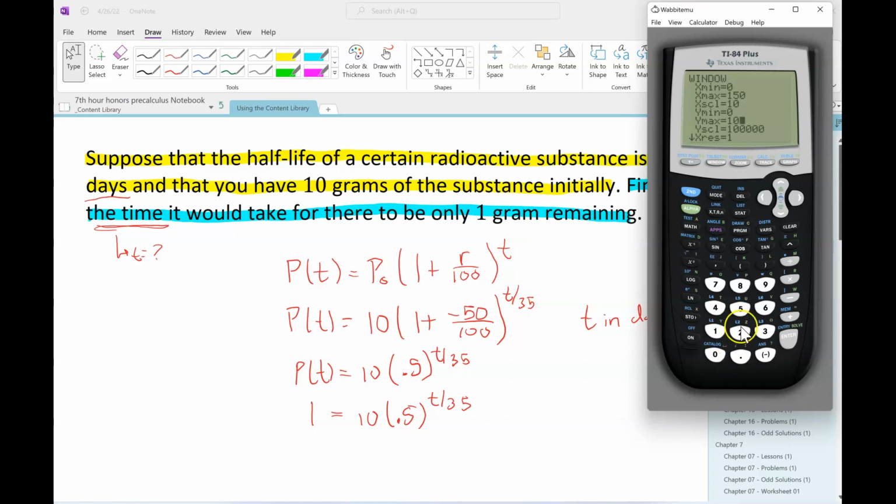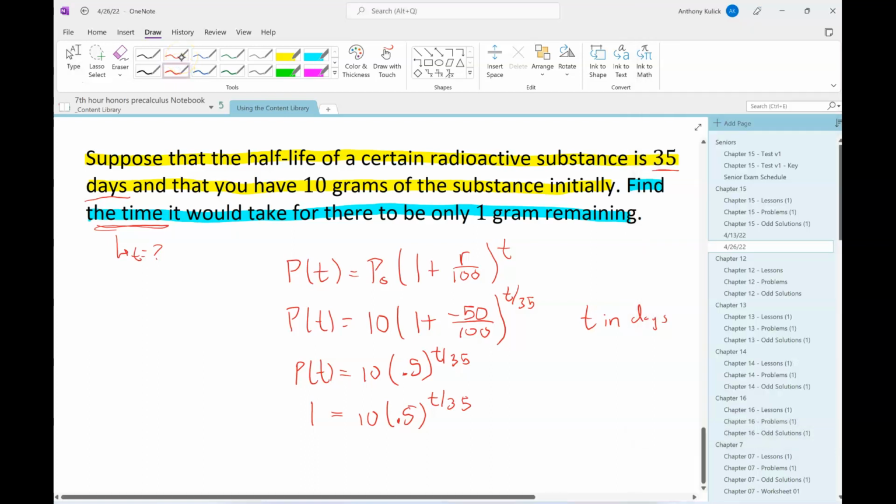Everybody's cool with that? And then we'll go up by 1s. So hit graph, here's my 1 gram line, here's my decay function. There's the intersection I'm looking for, right around a little bit after 100. Second trace, intersect command, enter 3 times. And I get 116.27 is my value for T.